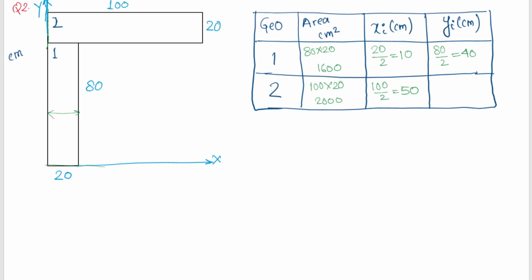And then comes y2. Now y2 is a little tricky, but we have already seen this in the previous video. So first try to find out the location of the centroid with reference to its extreme axis, or in this case bottom axis. So if the entire height is 20, the distance of the centroid within the geometry will be half of 20, plus the distance between this point and the reference axis, 80, already given here.